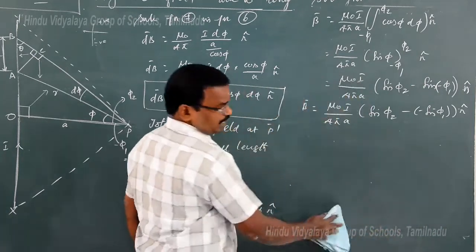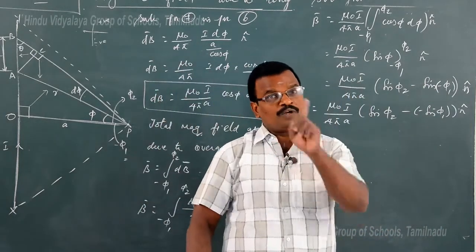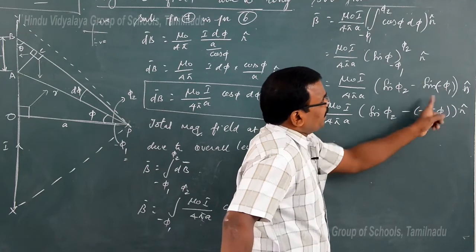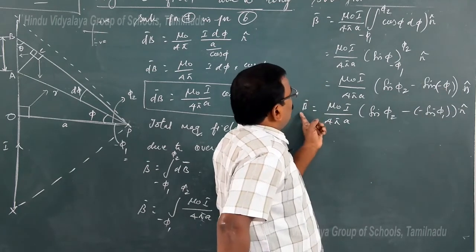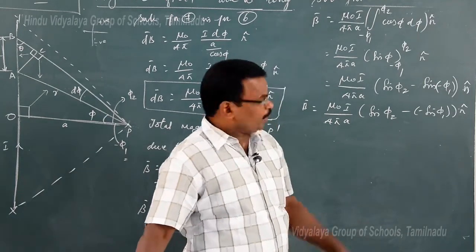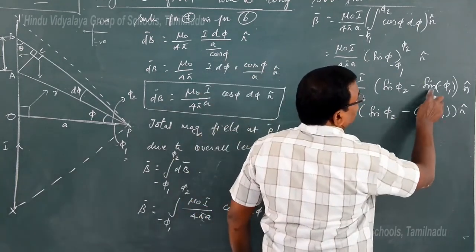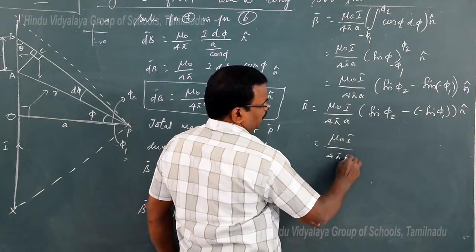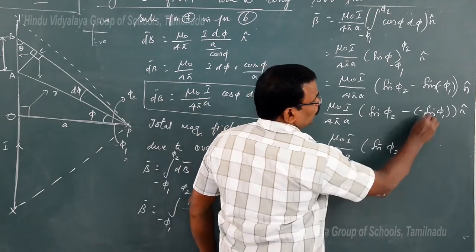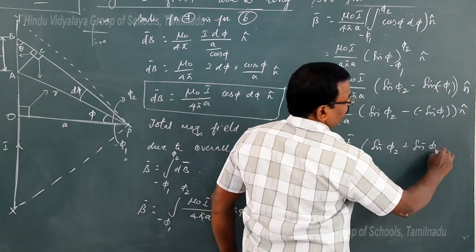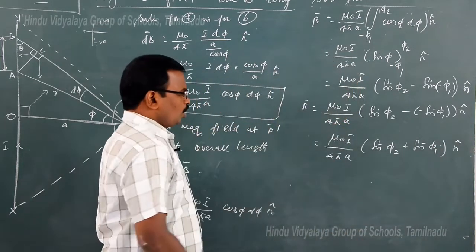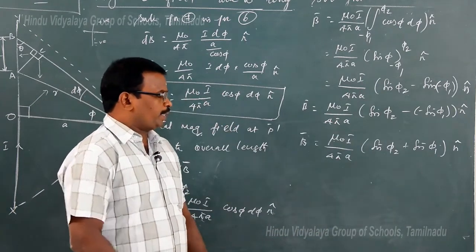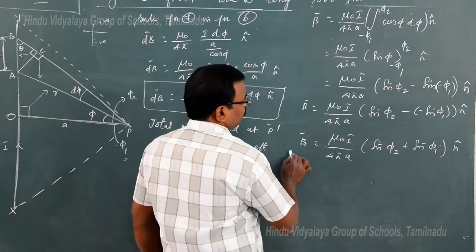Sin of minus theta is equal to minus sin theta, you know that. Therefore, B vector is equal to mu naught I by 4 pi a into sin phi 2 plus sin phi 1 into n cap.